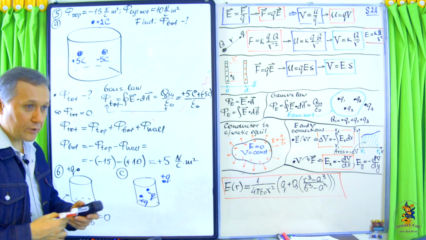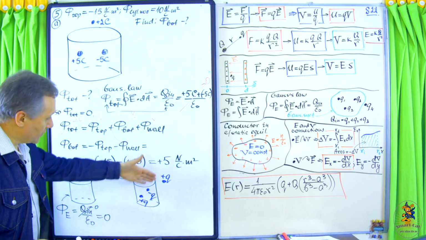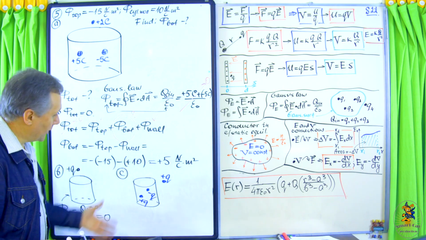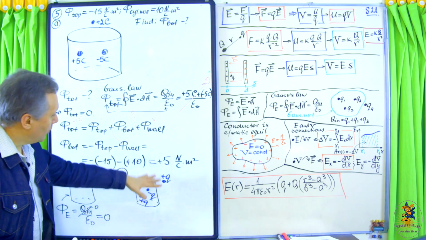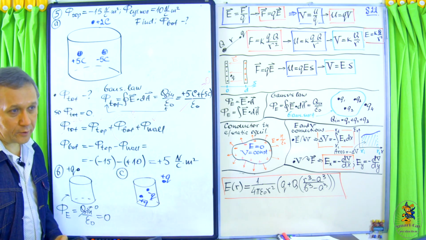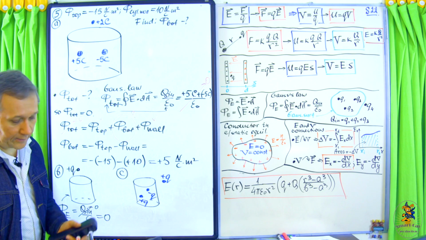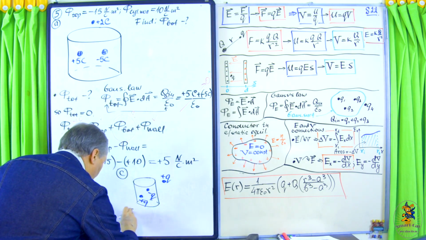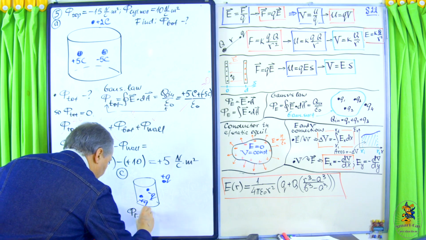Again, the same question: what's the flux? Since it's a closed surface, we can use Gauss's law and ask what's the total flux through this closed surface, which is a cylinder.